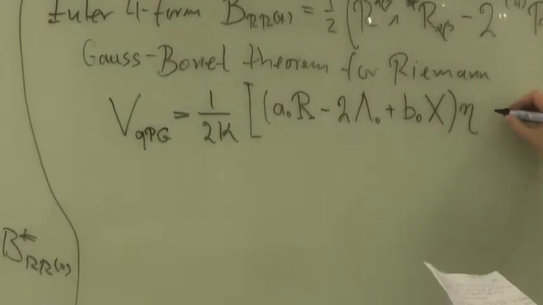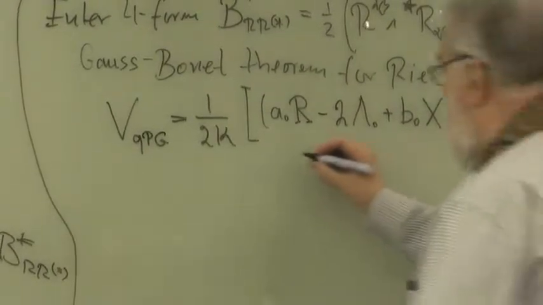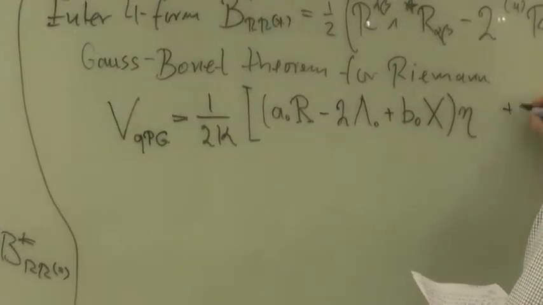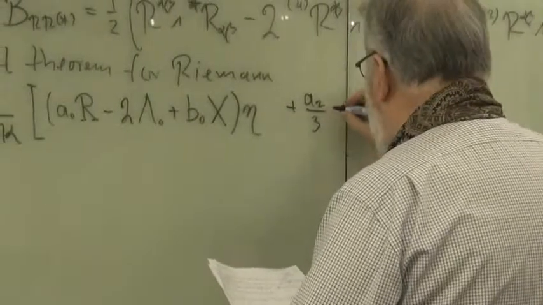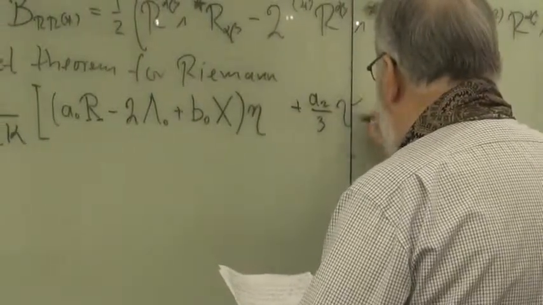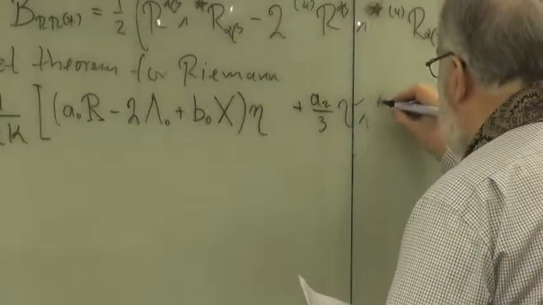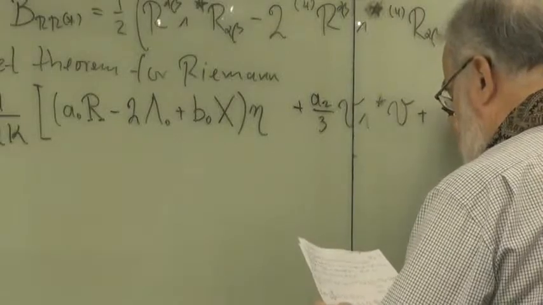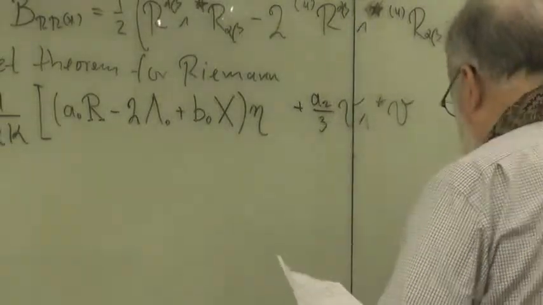And then we have the torsion square pieces, which I can put up here, for instance, plus A2 over 3 times the vector piece of the torsion, V, which is Hodge dual of V, where V is a one form.